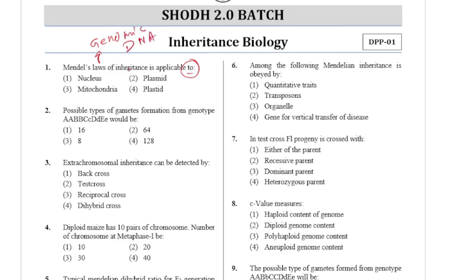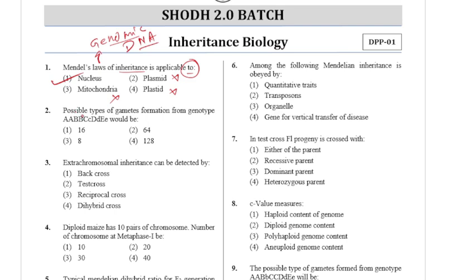So it could only be applicable in the nucleus, because plasmid, plastidial DNA and mitochondrial DNA don't follow Mendel's law, as these are not the genomic DNA of eukaryotes. Eukaryotic genomic DNA is only present in the nucleus, so nucleus is the correct answer.